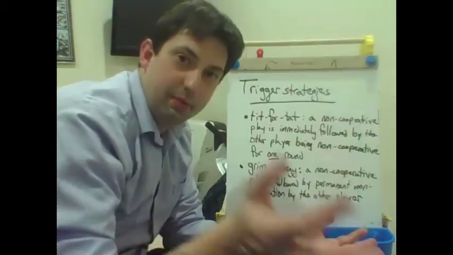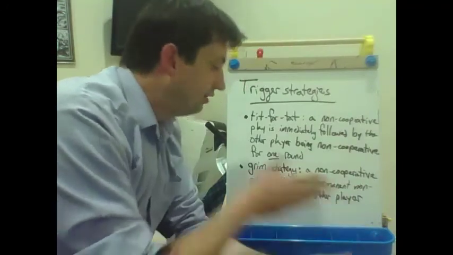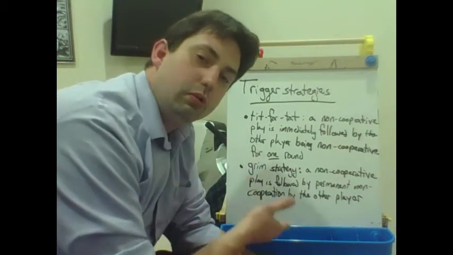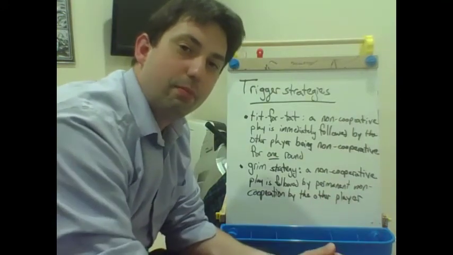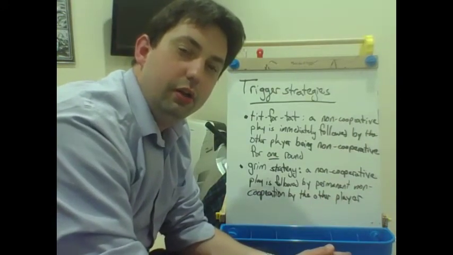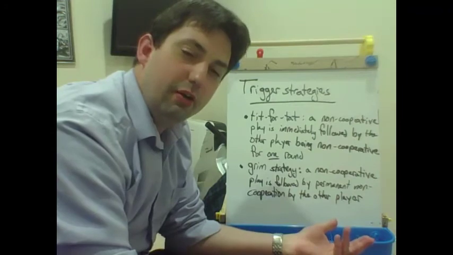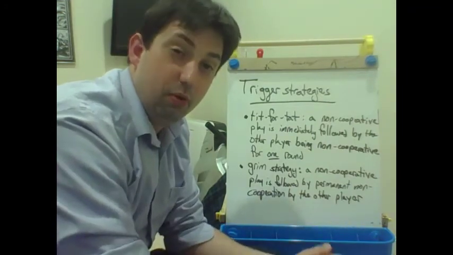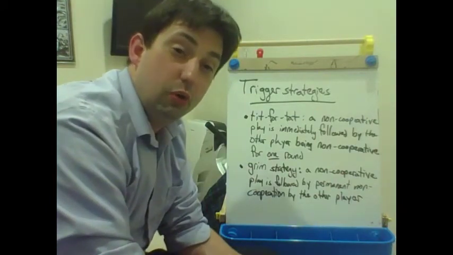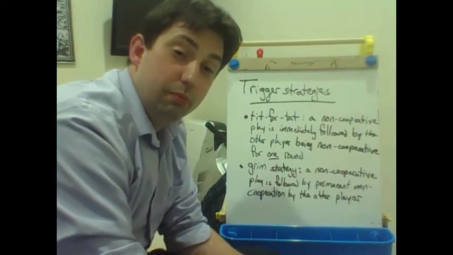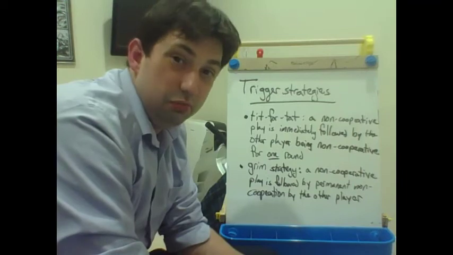You dump them and you date other people forever. So that's the grim strategy, right? That's an application, and that helps you maintain cooperation. You obviously don't cheat on people you love because you don't want to hurt their feelings, but another part of this, the economics part of it, the incentive part of it, is that you also don't cheat on people sometimes because you don't want them to cheat on you.